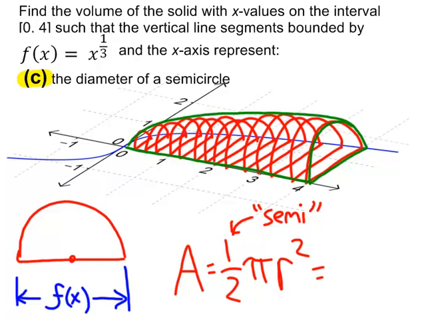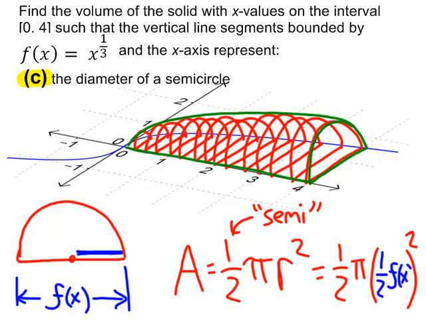What's the relationship between r and f of x? Well, we see from the sketch that this radius r is equal to half of f of x. So we'll put 1/2 f of x, substitute that in for r.